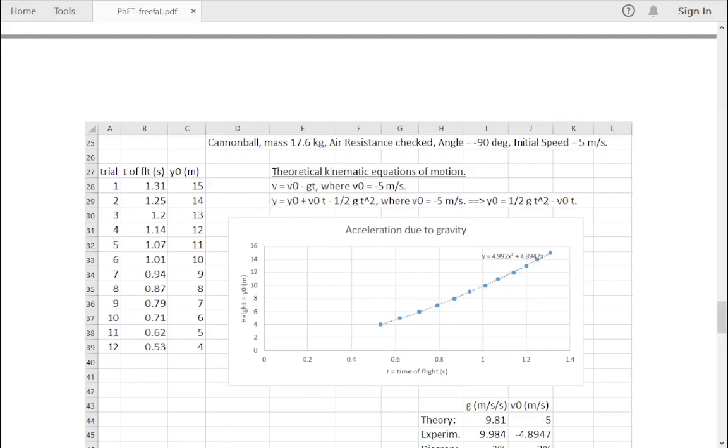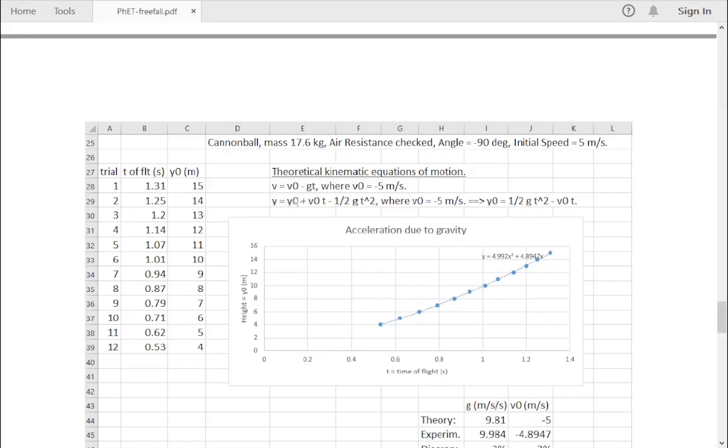And why is that? Well, again, this is the time of flight. That's the time it takes to hit the ground. When we think of t being the time of flight, what is the height y? This equation tracks your height y for all times from time 0 to where it hits the ground. At the time it hits the ground, y is equal to 0.